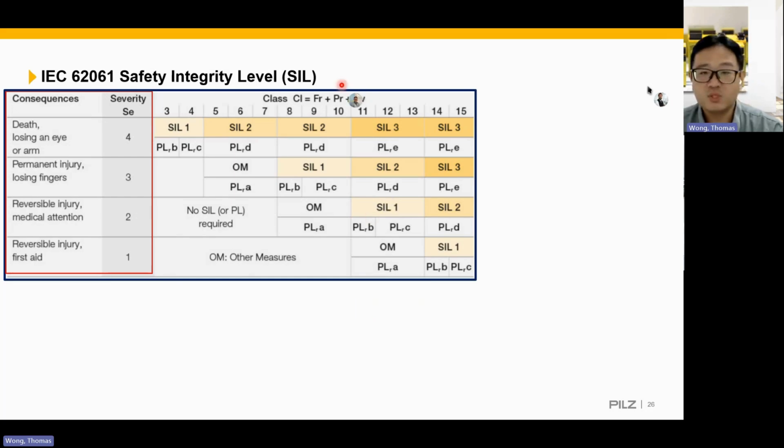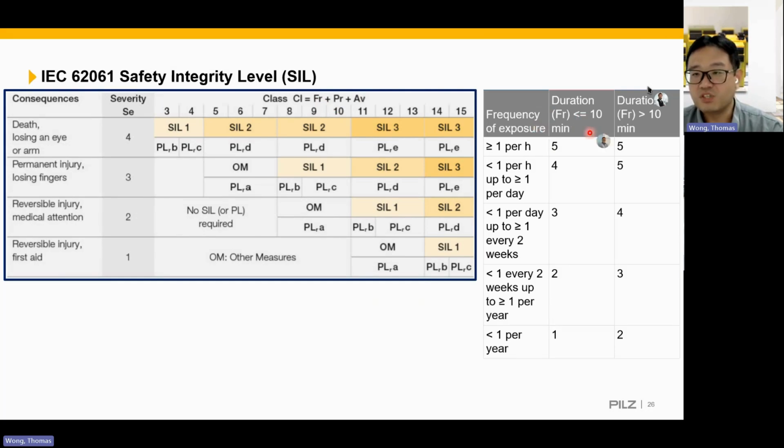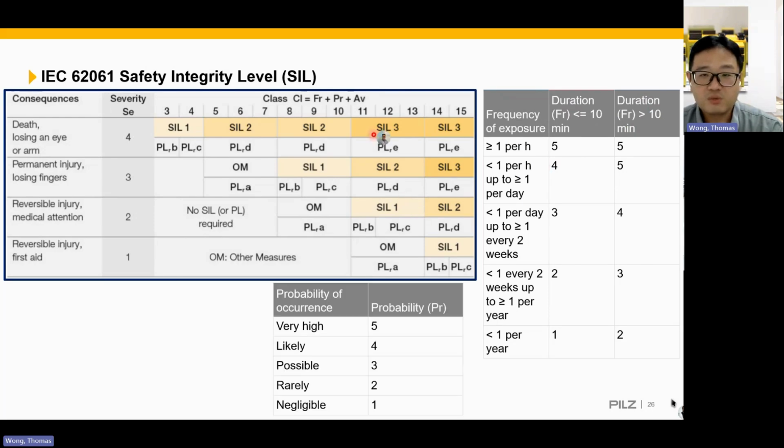Then we need to look into the FR. What is FR? It is frequency and duration. For frequency and duration, there are 2 parts to look at. One is how frequently you are exposed to this risk, and then how long is the duration. Is it less than 10 minutes or more than 10 minutes? The next one we look at is PR.